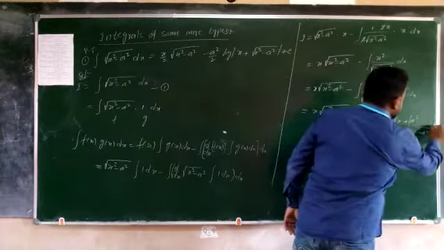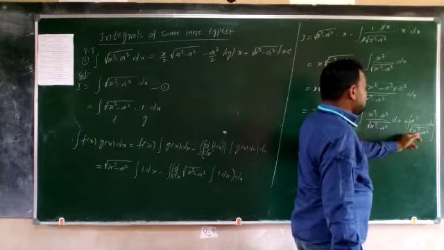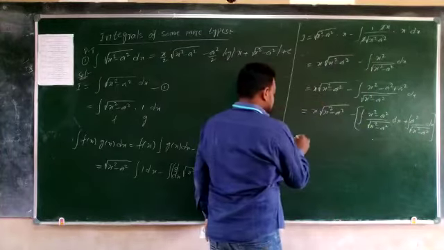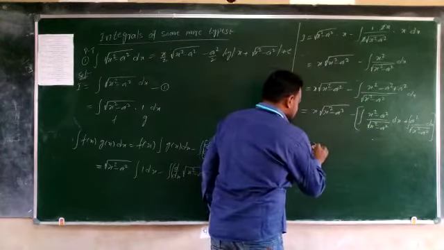What I have written, you see: x square minus a square by square root of x square minus a square dx I have written, and next, plus a square by square root of x square minus a square I have written. So this is equal to x into square root of x square minus a square minus integration of x square minus a square by root of x square minus a square, which is root of x square minus a square, into dx.